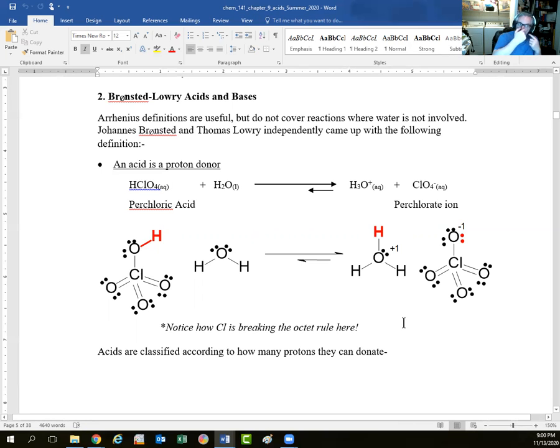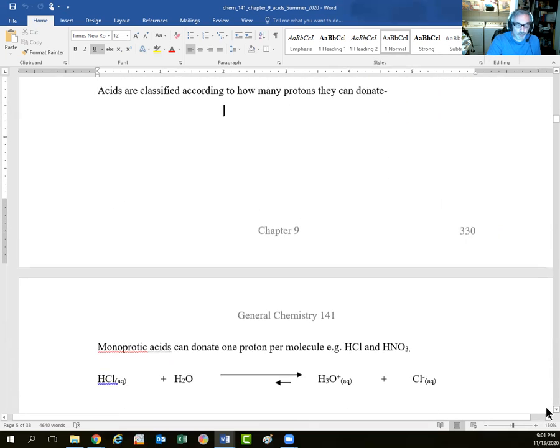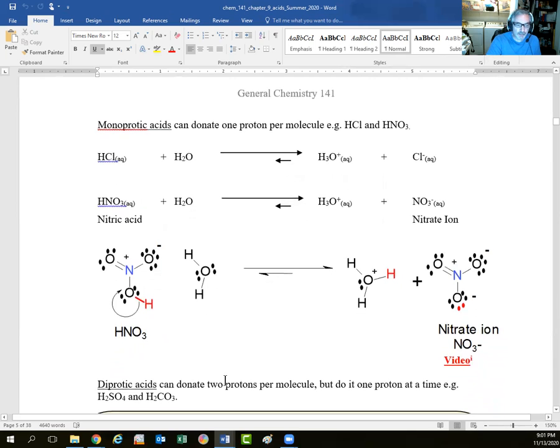Now, specifically because the perchloric acid is giving away just one proton, we talk about perchloric acid as a monoprotic acid, a single proton donor. Other monoprotic acids that we should be familiar with include HCl, hydrochloric acid, and HNO3, nitric acid, giving away exactly one proton each time.